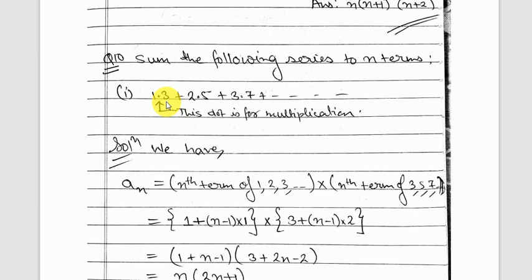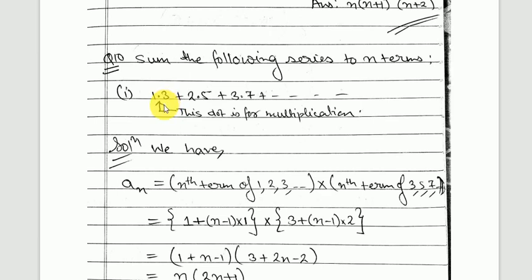It is 3, then 5, then 7, it is like that. So it is odd, then odd, then odd. Yes, so this is nothing but 2 into 1 plus 1, 2 into 1 plus 1.